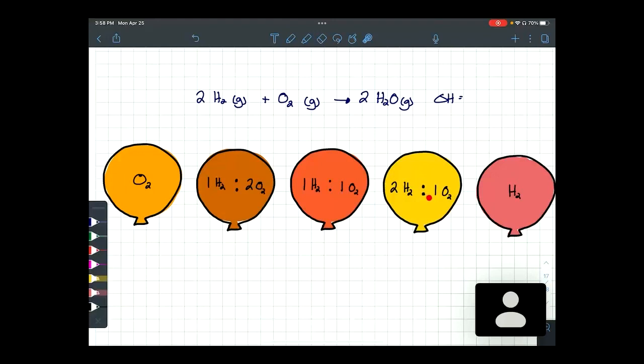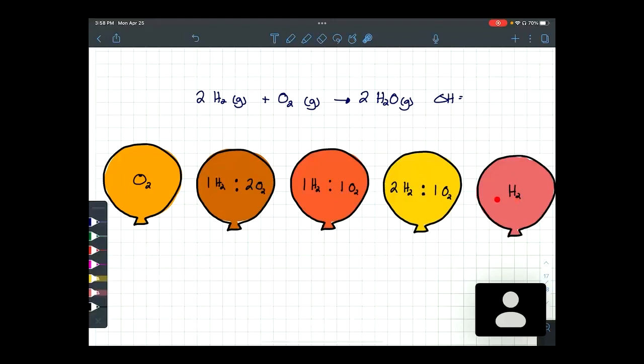So this would be the loudest boom, because every particle of H2 can react with every particle of O2 in that balloon to give us the most energy conversion, because it's in a 2 to 1 ratio. This would be like having the right air-fuel mixture in your carburetor, converting the most fuel possible given the amount of air there.